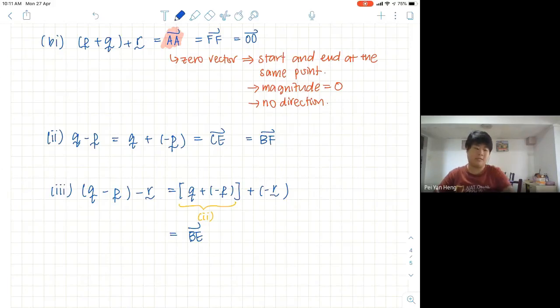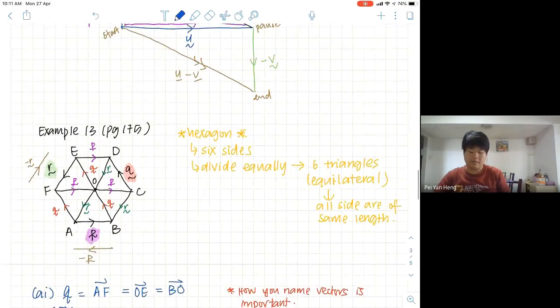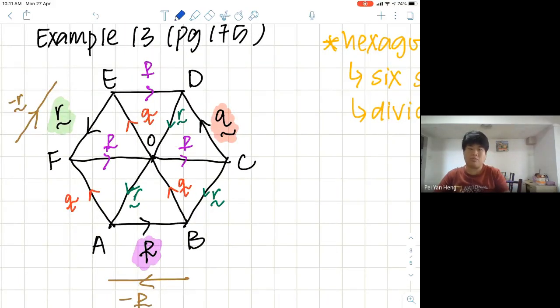Now this example, this part here is unique because there is only one line in the hexagon that satisfies this route. So as I explained just now, you cannot start from C to D, and then from D to E, because there's no way to continue from E using a negative R. So for diagrams like hexagons, if you are given a diagram, you are restricted to the routes or the lines that you have on the diagram for your vectors.